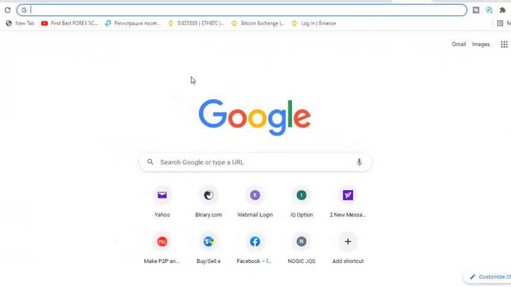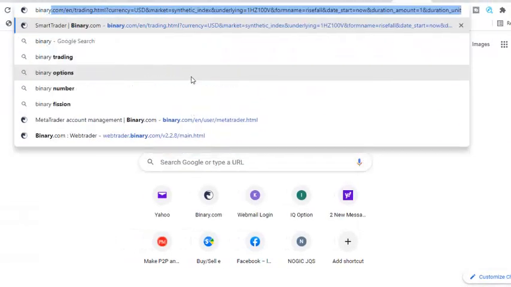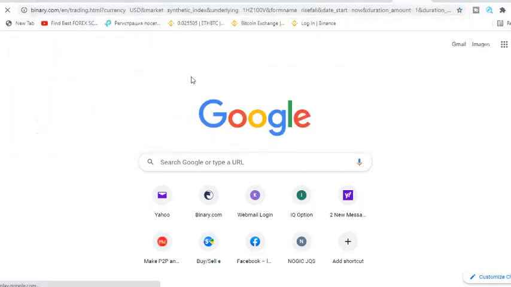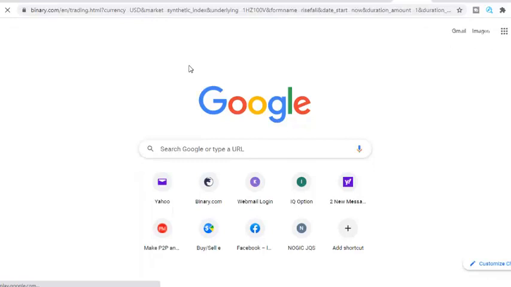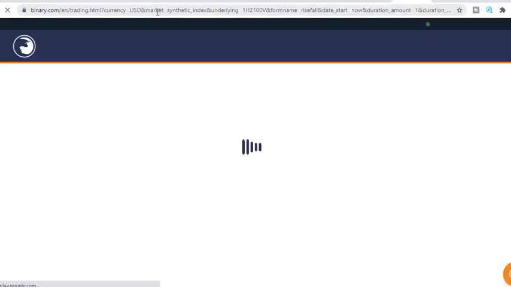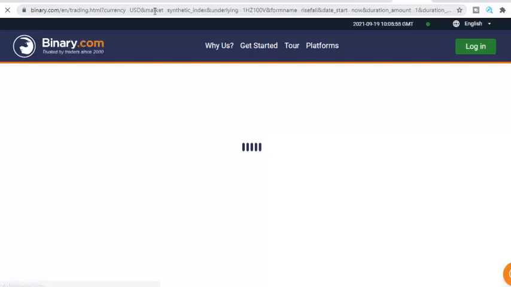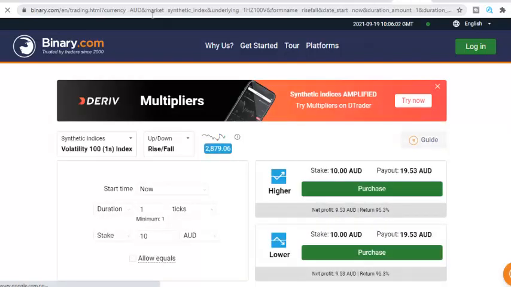I want us to go to binary.com. This is one of the simplest brokers, but not based in Nigeria.